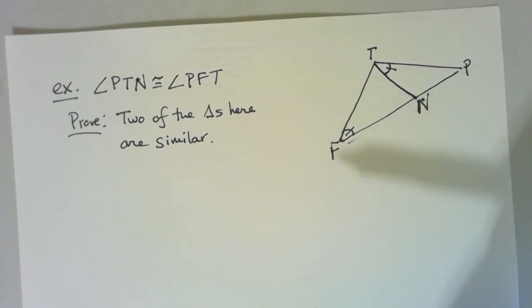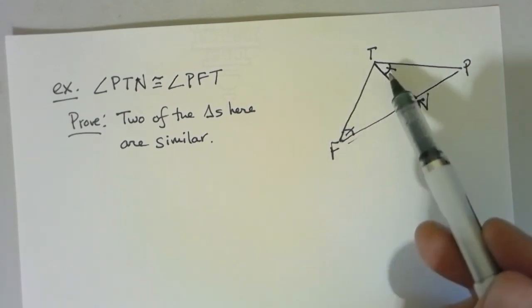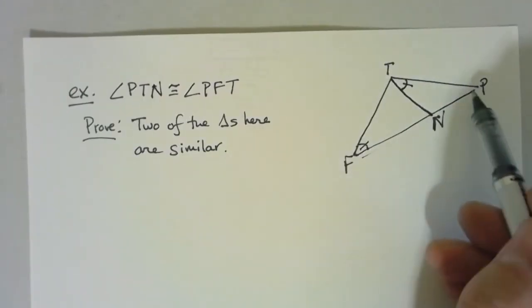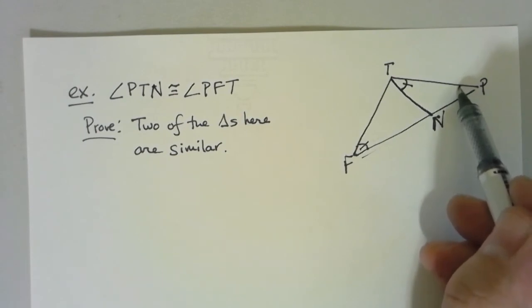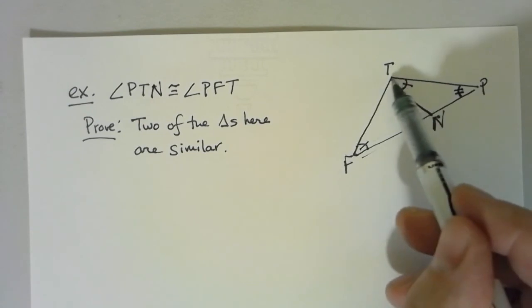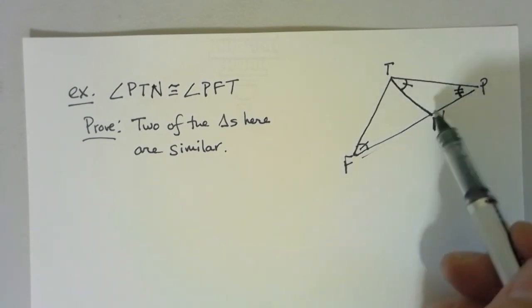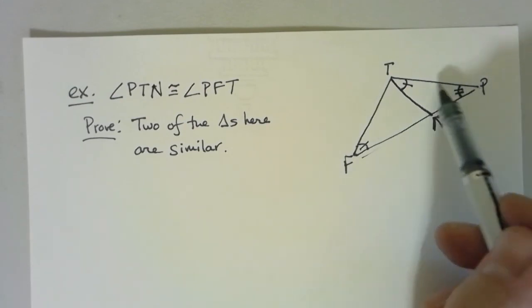It won't work. We have one pair of angles already between two triangles here. I need another pair. And the key here is this angle here at P is a shared angle for this smaller triangle, triangle PNT, and then the entire picture.